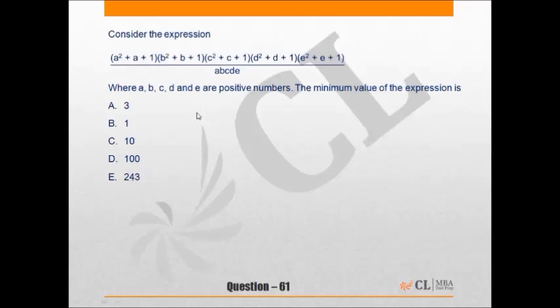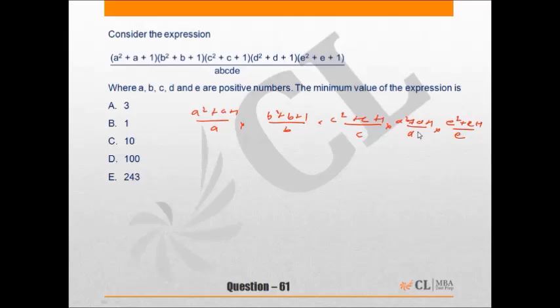The given expression can be rewritten as (a square plus a plus 1) upon a into (b square plus b plus 1) upon b into (c square plus c plus 1) upon c into (d square plus d plus 1) upon d into (e square plus e plus 1) upon e.